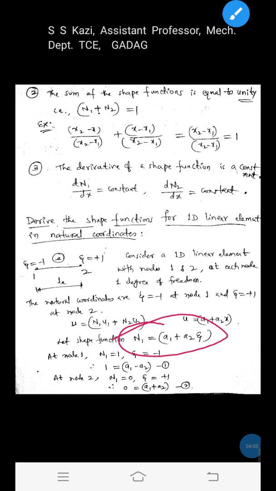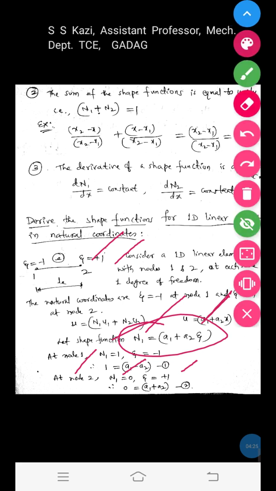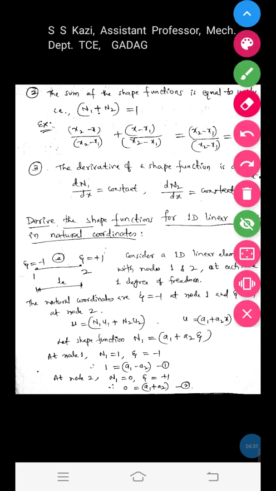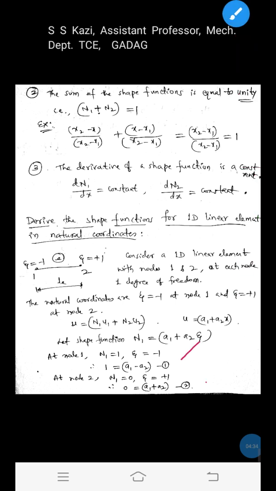We substitute the condition for N1 only, because we are determining N1 first. At node 2, N1 is 0 from the first property of the shape function, and zeta is equal to +1. Substituting into N1 is equal to a1 plus a2 zeta, we get 0 is equal to a1 plus a2. Like this we got two equations by substituting the two conditions at nodes 1 and 2.